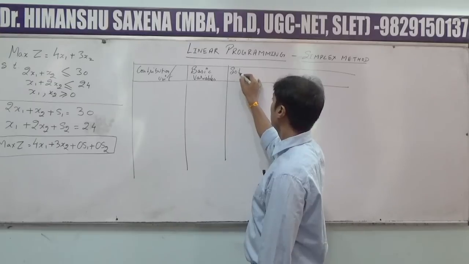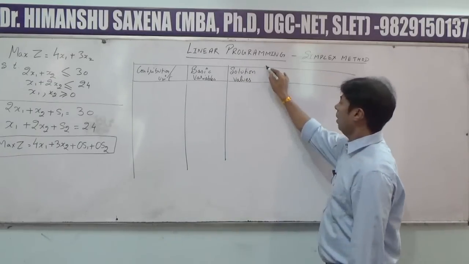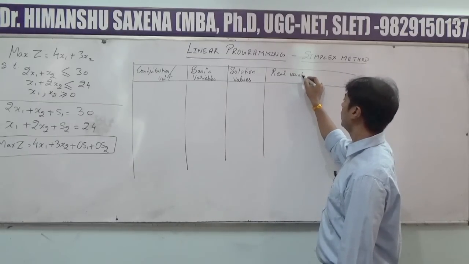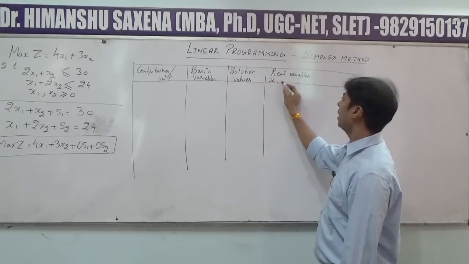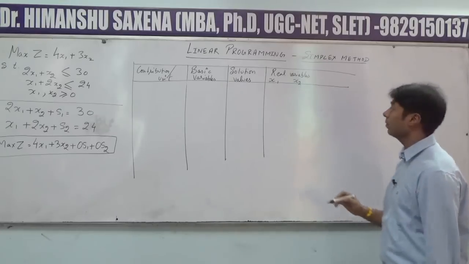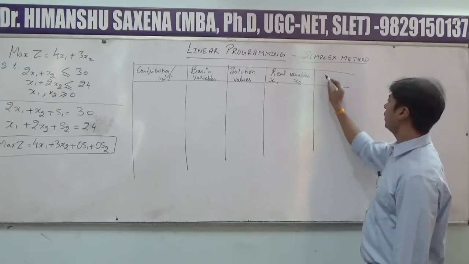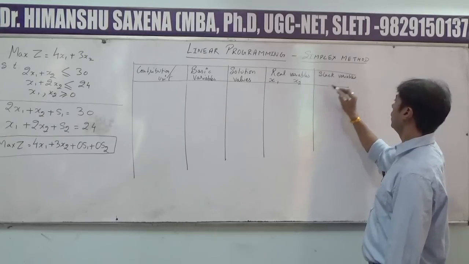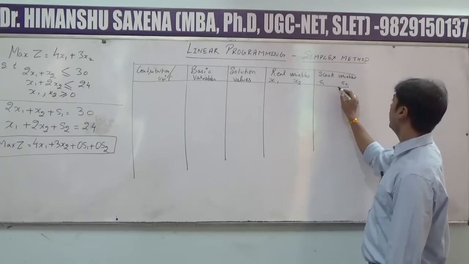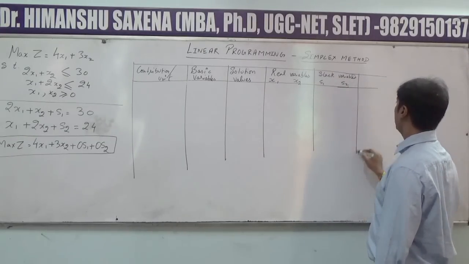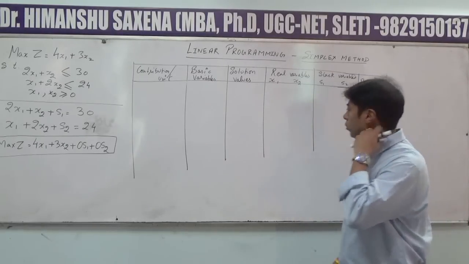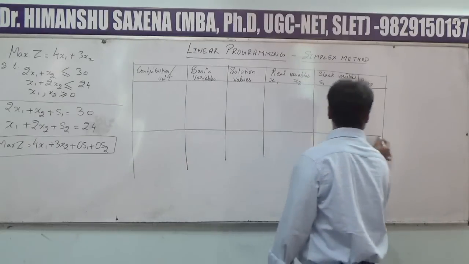After that, solution values. After solution values, we will have real variables, X1 and X2. After real variables, we will have the columns for slack variables, which are S1 and S2, and finally the column for ratio. So this is going to be the format of the Simplex table.